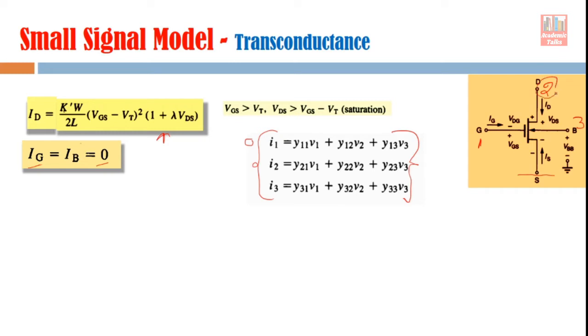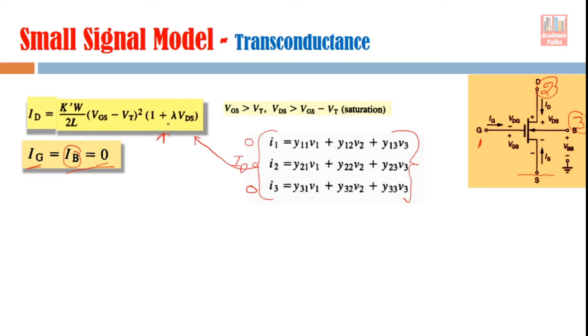It means this I2 is given by this equation, and I3, third terminal, bulk terminal. So the bulk current is also 0. You can see here bulk current and gate currents are 0. So I1 is 0 and I3 is 0, and your I2 is actually your ID.